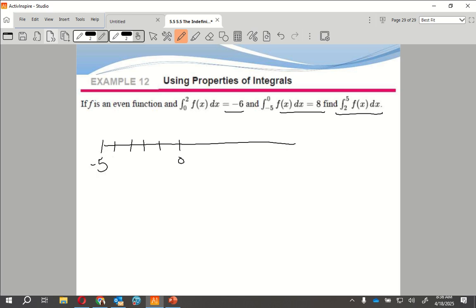So from -5 and then 2, and I'm looking for 4, 5. So from here to here is -6.